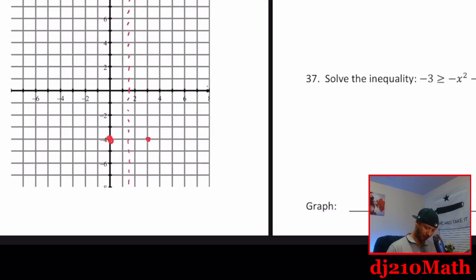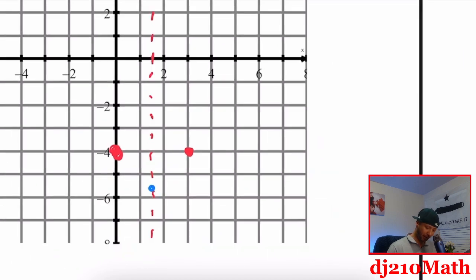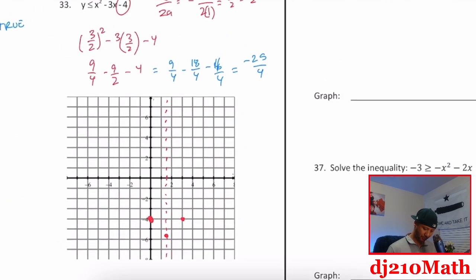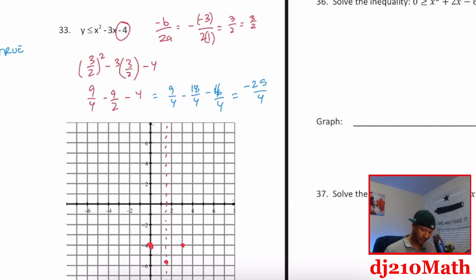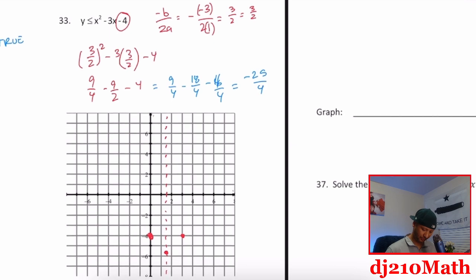Let's just roll with that. So 4, 5, it'd be down here. Okay. I mean, that's just not right, right?